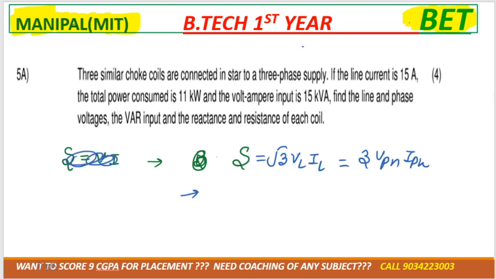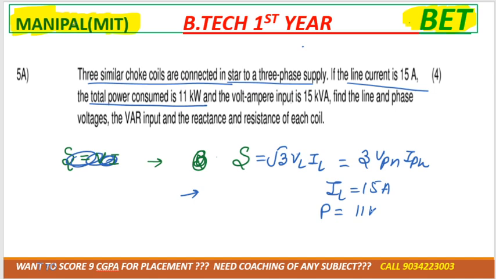See, in this case, three similar coils are connected in a star. The line current IL is 15 ampere, and the total power consumed P is 11 kilowatt. Means P is equal to root 3 VL IL cos phi, right?